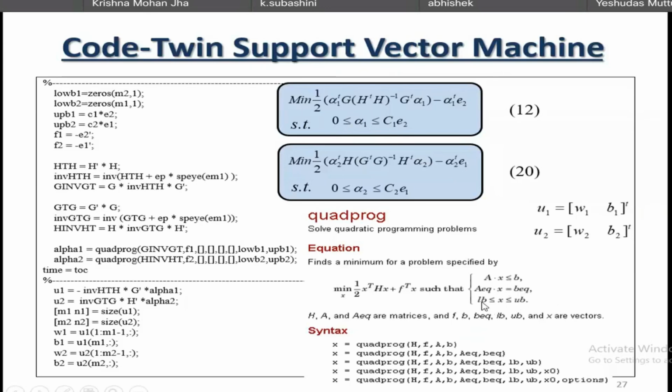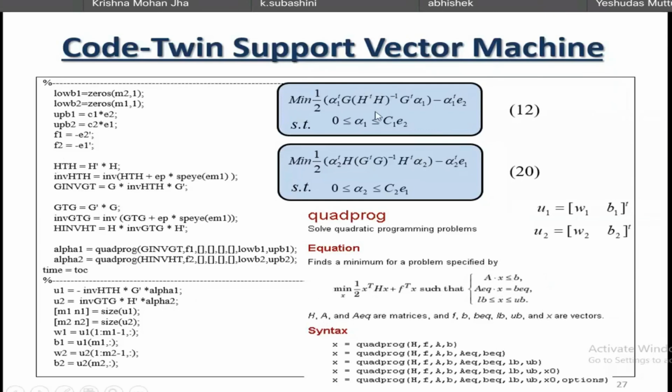In that case, you will see LB is less than or equal to x less than or equal to UB. So LB is nothing but 0, and UB is nothing but C1 e2. So we can relate the things, meaning what parameters, or what values, you have to pass into the function. You can compare with this particular function, or this particular problem.